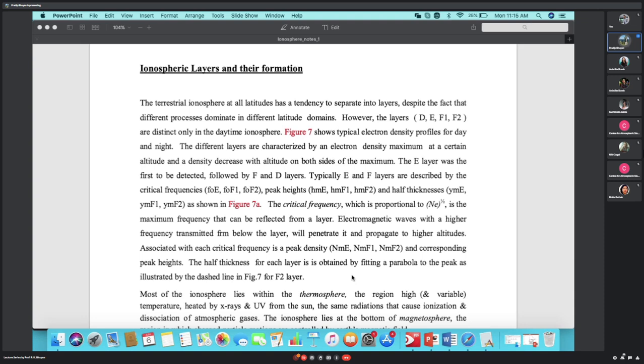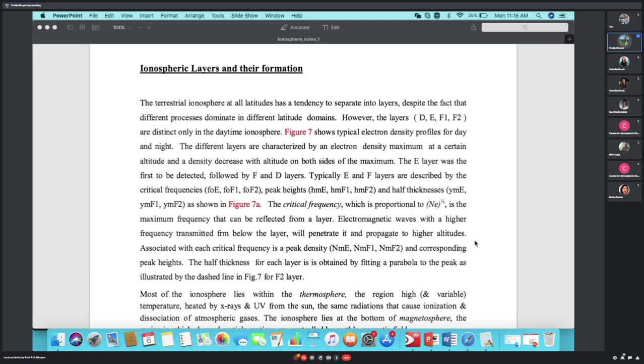You can look at that equation in Hargreaves, or even Google it, or see Wikipedia, for the relation between electron density, critical frequency and the refractive index. Here we have shown critical frequency, and similarly the refractive index is proportional to the square root of 1 by N.